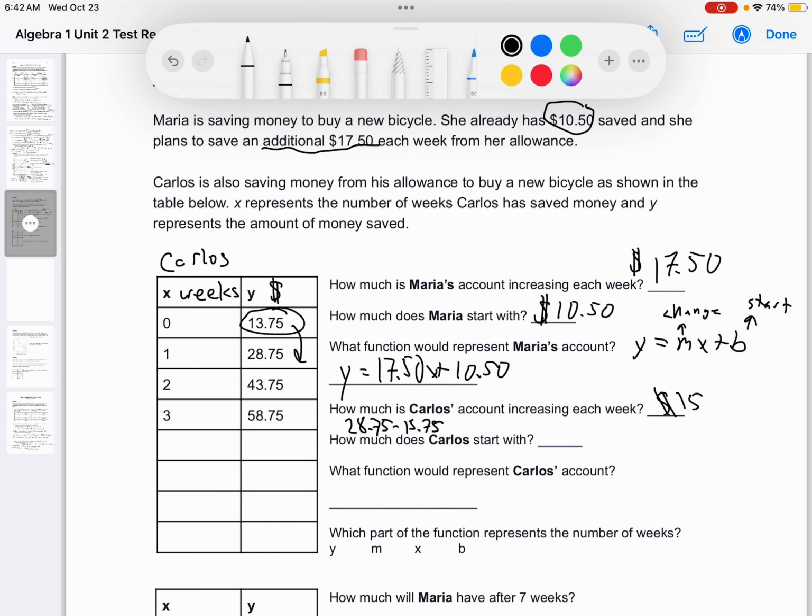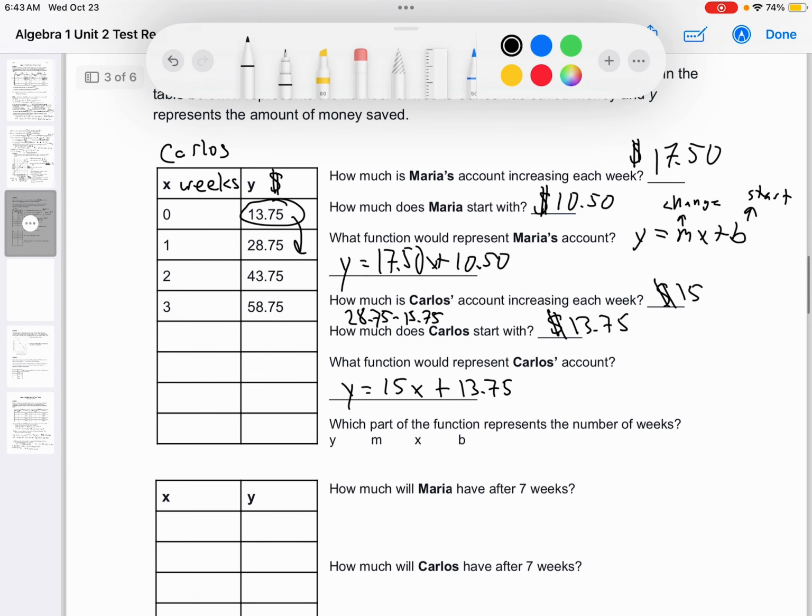Well, he starts with $13.75. So using this, we can write a function for Carlos's account as well. Y is going to be equal to the $15 that he's putting in every week times X, which is the number of weeks, plus the $13.75 that he started with. This would be a function for Carlos's account.